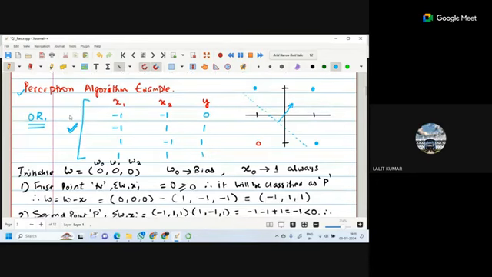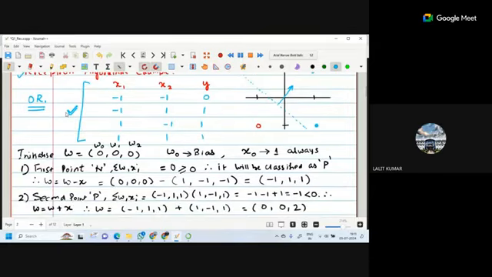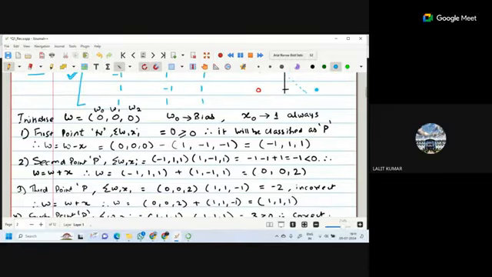So how does the perceptron algorithm work? First, we initialize W with all zeros. Here we have initialized W0, which is the bias, W1, W2 with all zeros. X0 is always 1, remember that. Then we come to the first point, which is negative. We do the summation of Wxi.